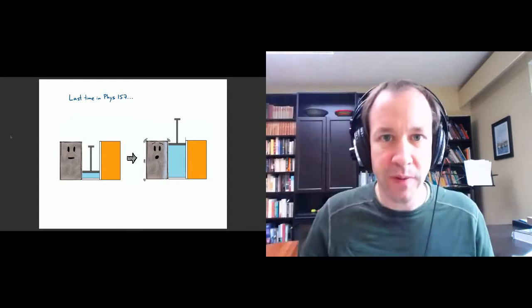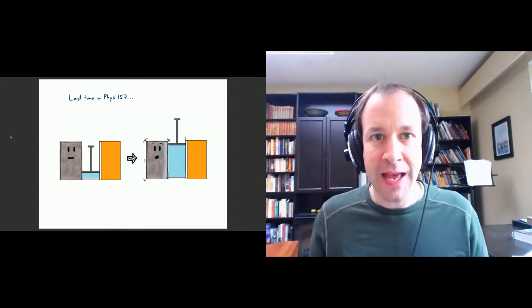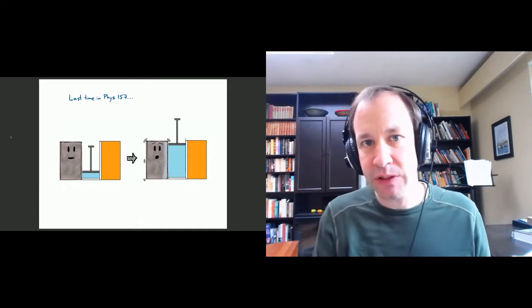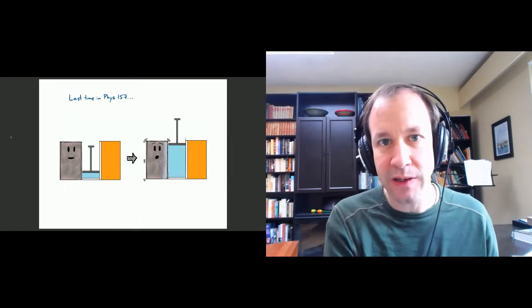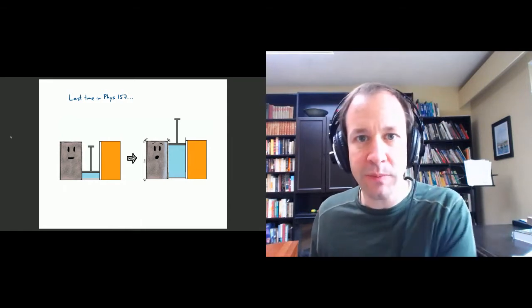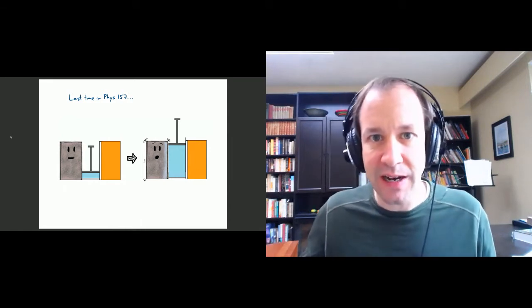So we're performing work on the system, and the net result is we're actually able to extract heat from a colder part of the system, a cold reservoir, and put it into a warmer part of the system, which we think of as the hot reservoir.